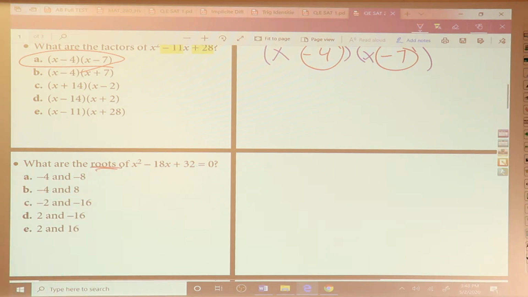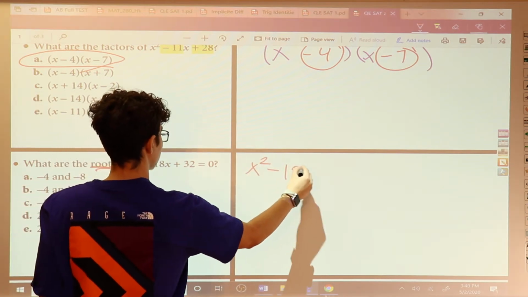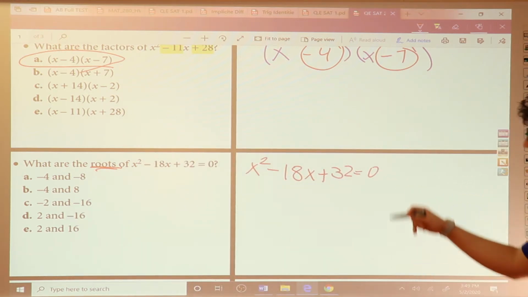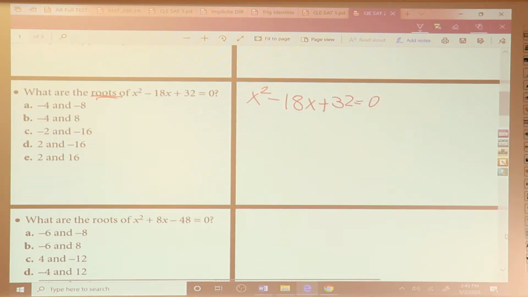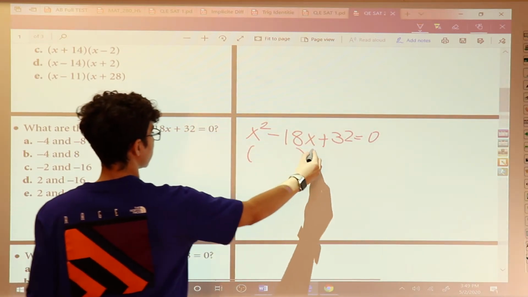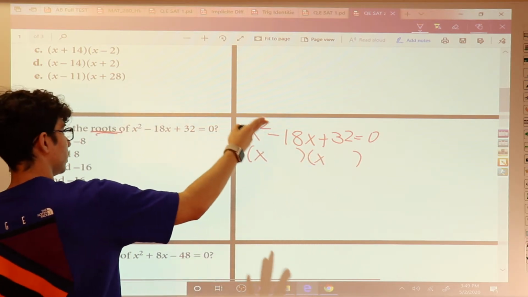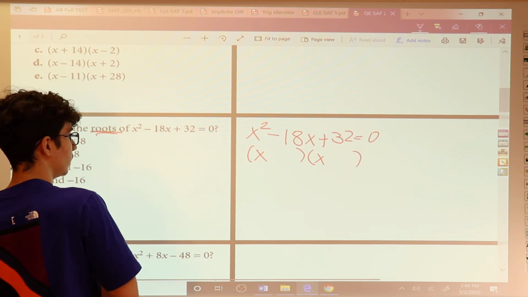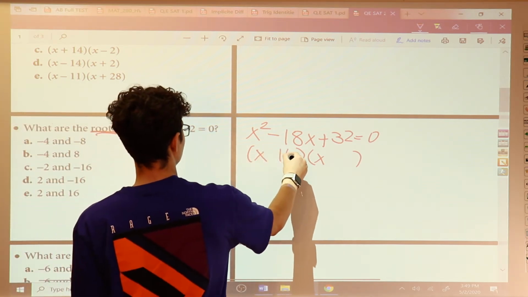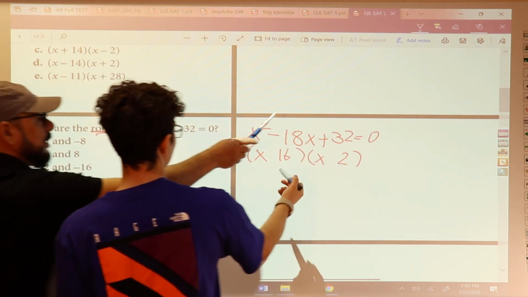X squared minus 18x. Now factor it. Two numbers multiplied to 32, add up to 16, 2, but negative.